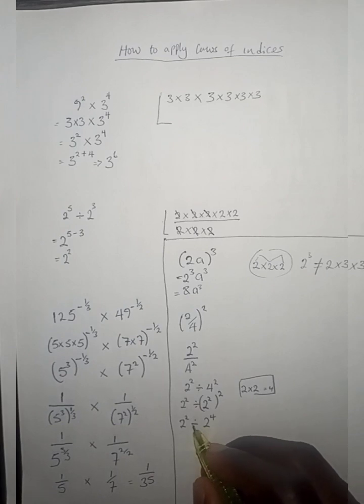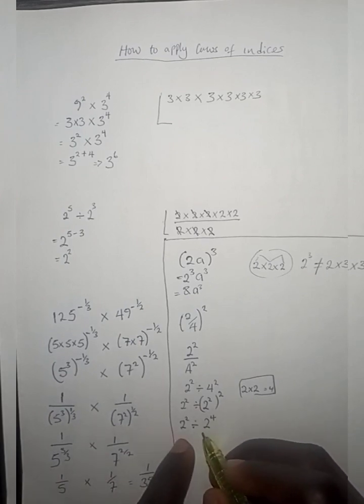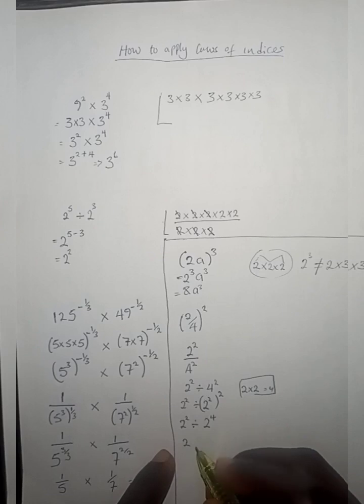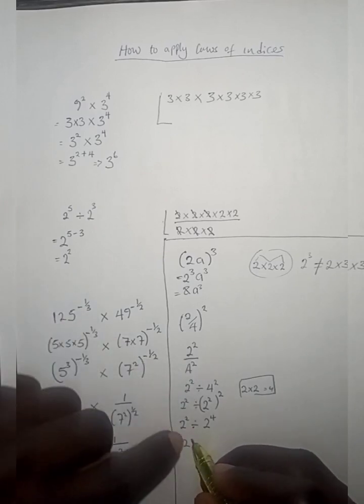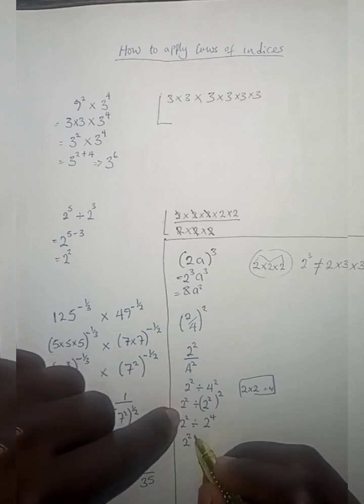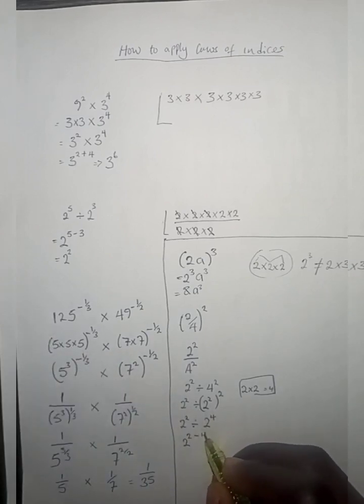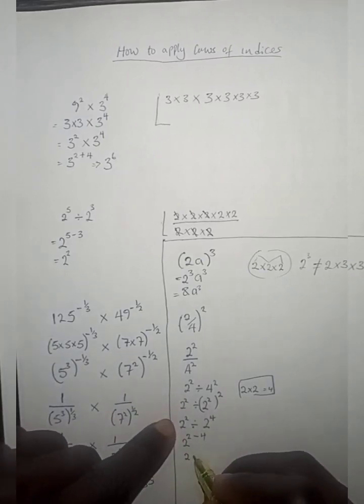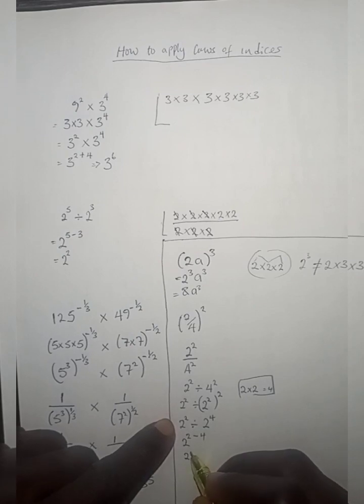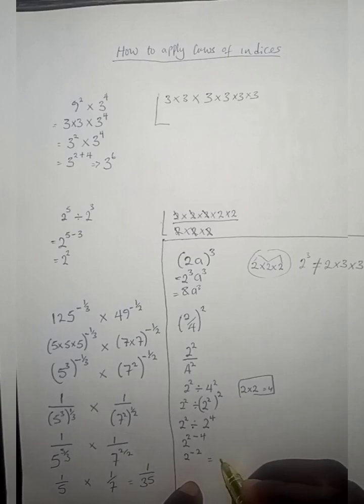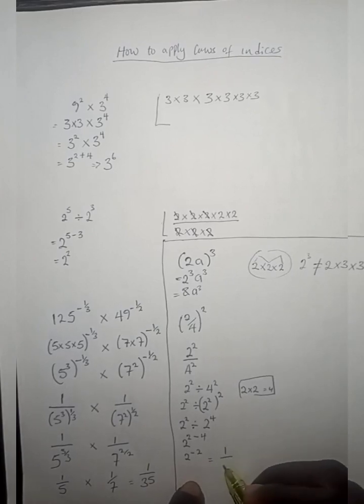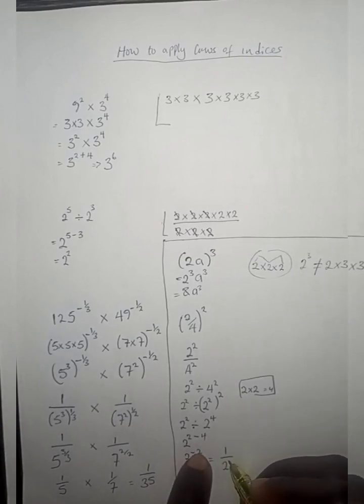Then when we're having the same base dividing, what do we do? We pick one of the base, then subtract their powers, which is going to be 2 minus 4, and that will give us 2 to the power of minus 2, and we still can go ahead to say it's 1 all over 2 to power of 2.